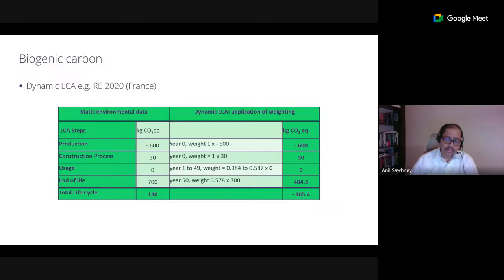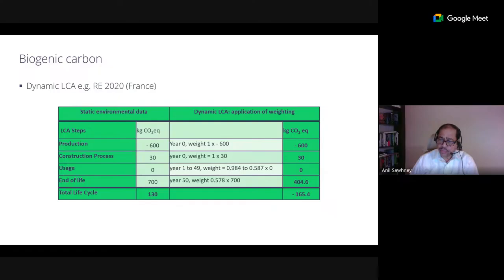Neither is it adding more carbon or emitting more carbon or storing more carbon. So it's practically zero, I guess for 50 years in France. So from year 1 through year 49, there are no usage emissions.